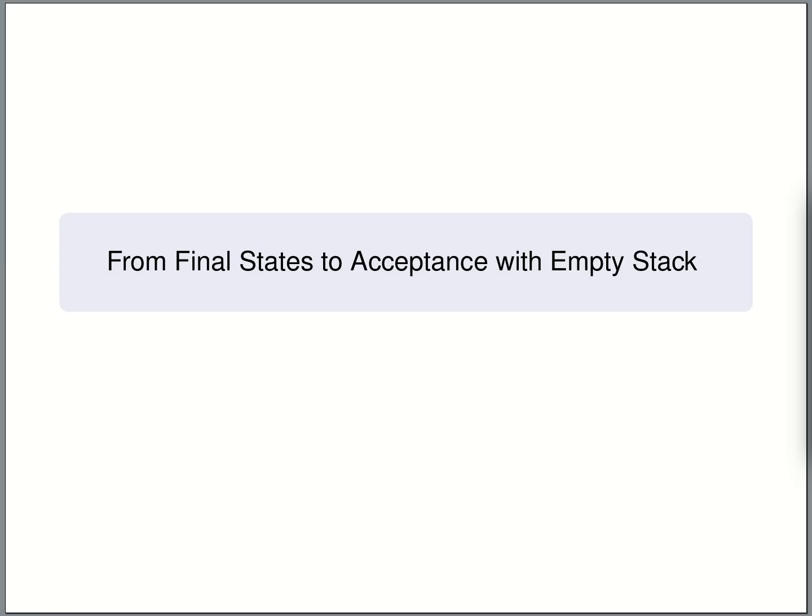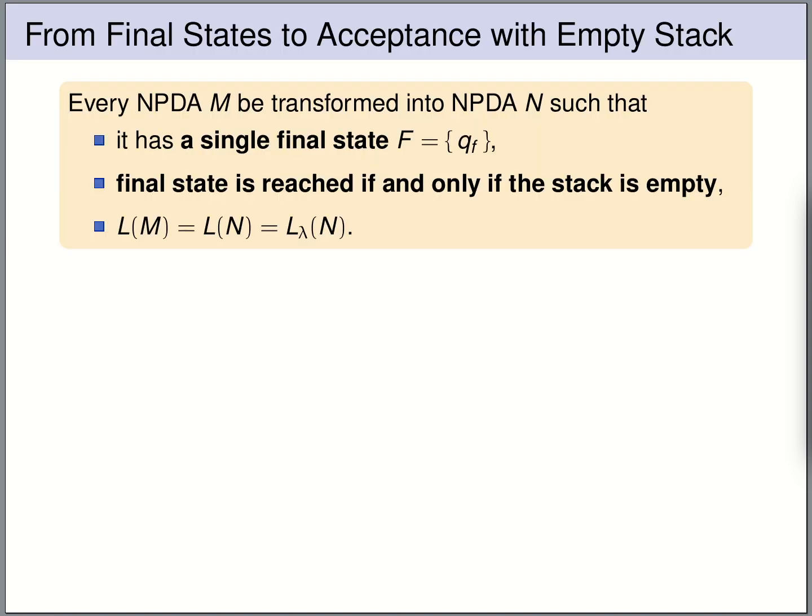First, we're going to look how acceptance in final states can be transformed into acceptance with an empty stack. Every non-deterministic pushdown automaton M can be transformed into a non-deterministic pushdown automaton N, such that the language of N is the same as the language of M. Moreover, N has a single final state.